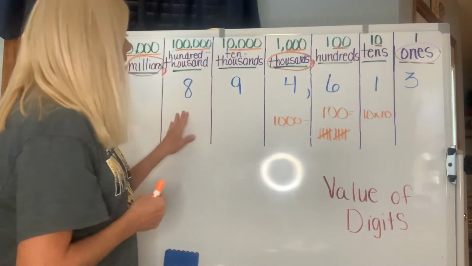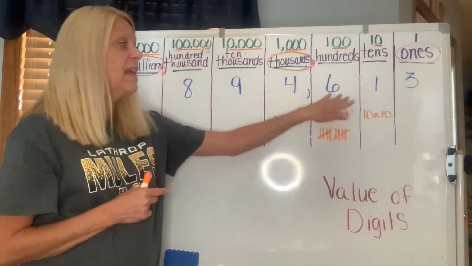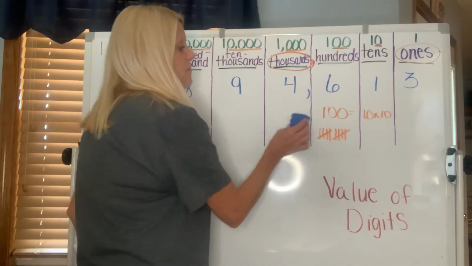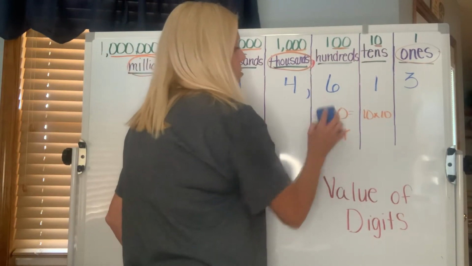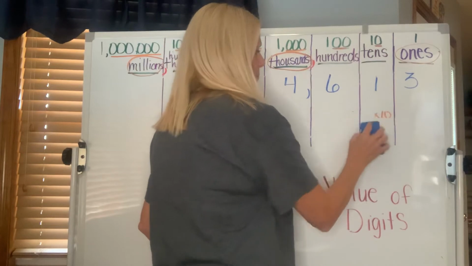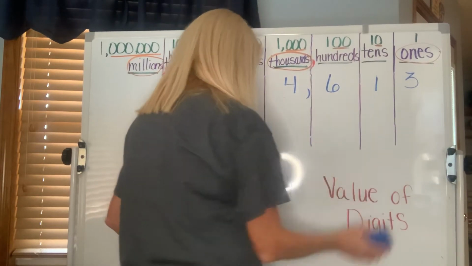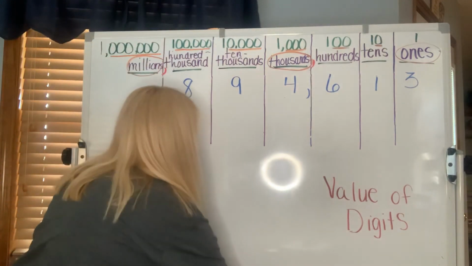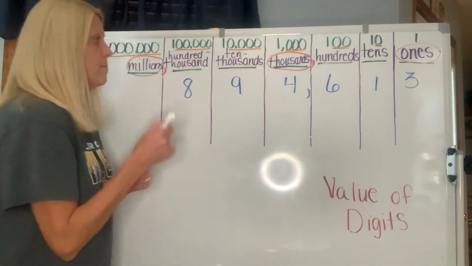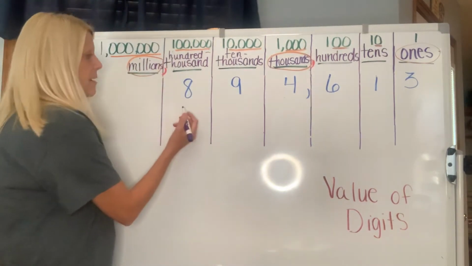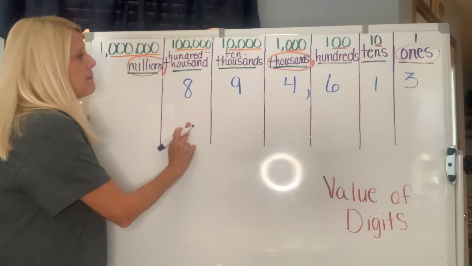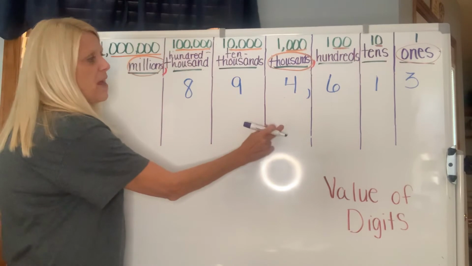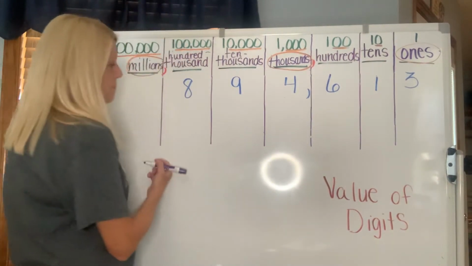All right, let's look at the value of each of these numbers that I've written down on the place value chart. Actually, I'm going to switch markers here. I'm going to use a purple so it shows up better. All right. What is the value of the 8 in 894,613?